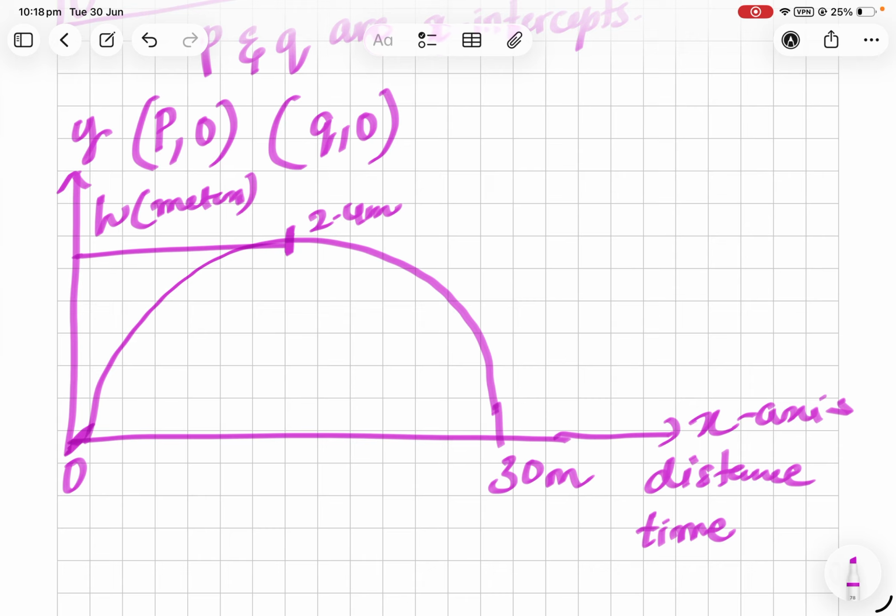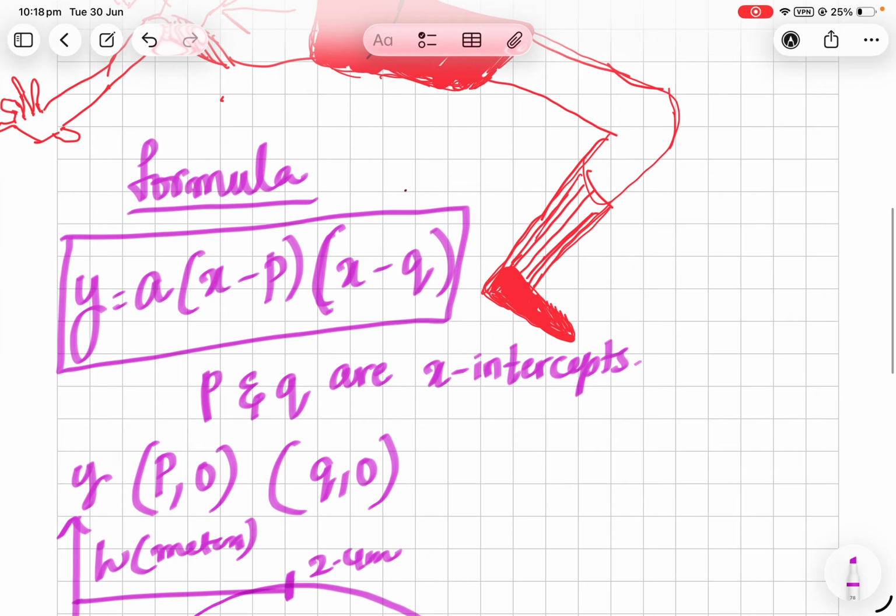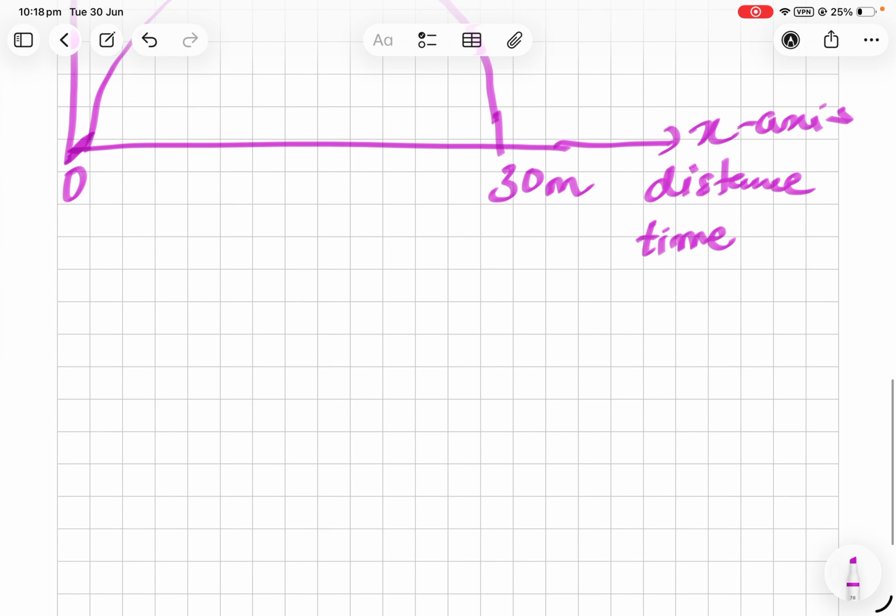So this would be in the application phase of quadratic functions. Before that, we have to develop many skills. So check out the other videos showing all these skills that I just mentioned as prior knowledge to this question. For now, I just gave you, with just 2 intercepts, the formula that we are going to use to get the equation. So let's begin.